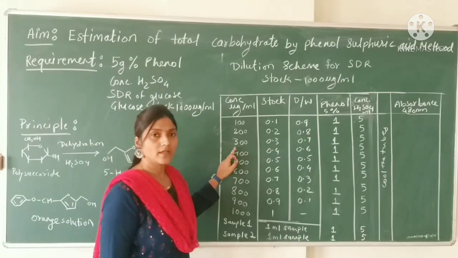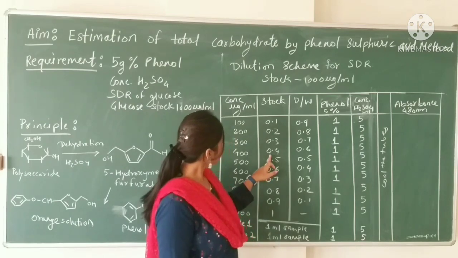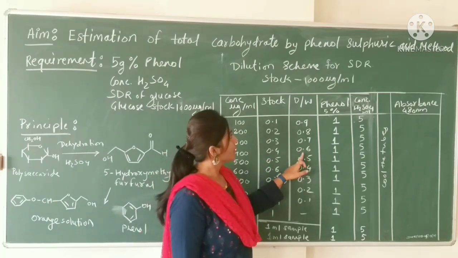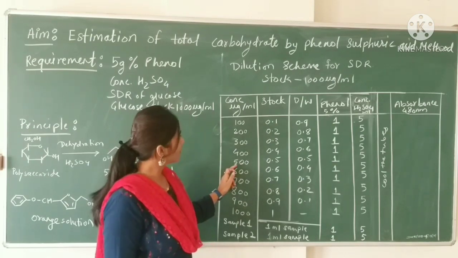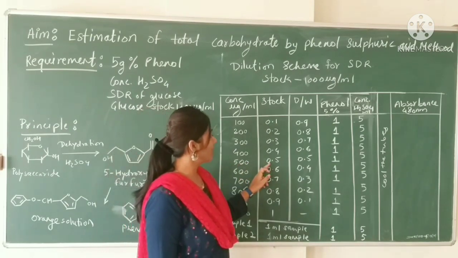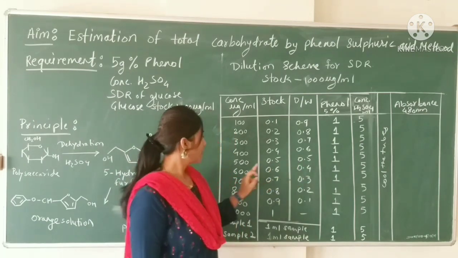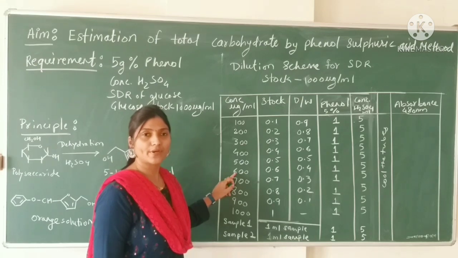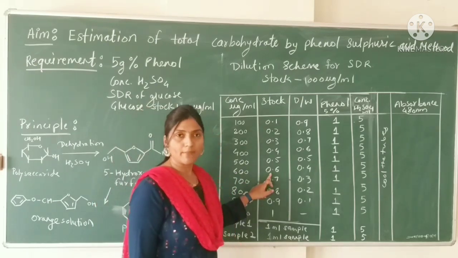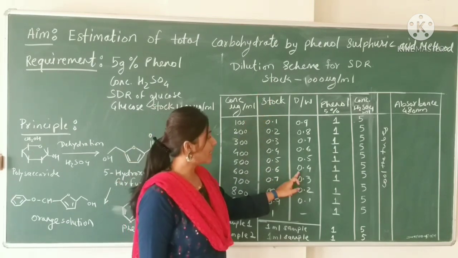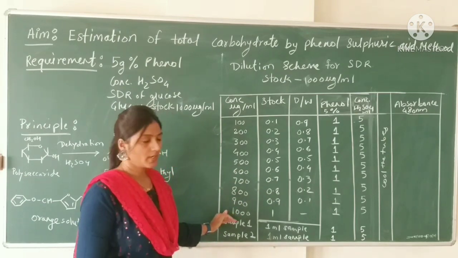For preparing 300 micrograms per ml, you have to take 0.3 ml, then 0.7 ml of distilled water. Then for 500 micrograms per ml, you take 0.5 ml from the stock and add 0.5 ml distilled water. To prepare 600 micrograms per ml, you take 0.6 ml of your stock and add 0.4 ml of distilled water, and so on.